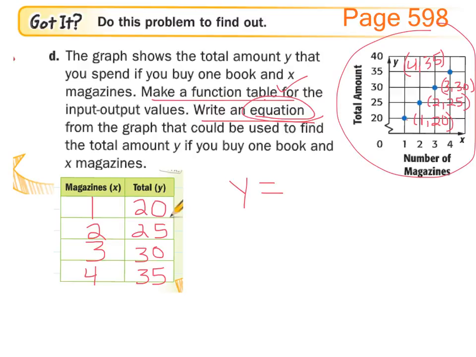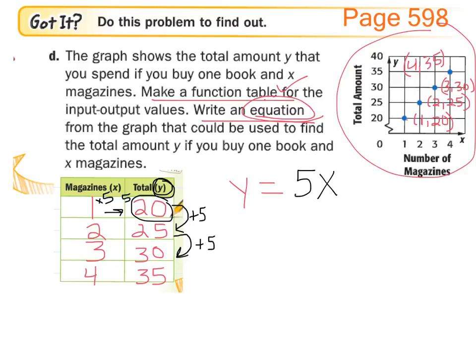So again, I look at my y's, my outputs. How do I get from 20 to 25? I'd add 5. From 25 to 30, add 5. So my multiplier is 5, so I put that next to my x. So I check my work over here with my inputs. 1 times 5 is 5, but that doesn't give me my answer of 20.